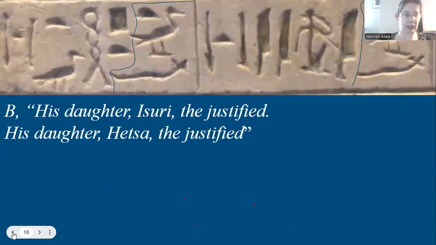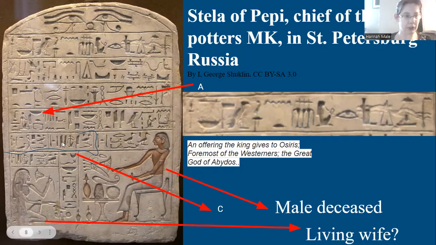And then this chunk here, I'm zooming in on this part here. So this is where we get daughters. It's not clear to me whether they're her daughters or just daughters that are associated with the household, but they're almost certainly, at the very least, Pepi's daughters.